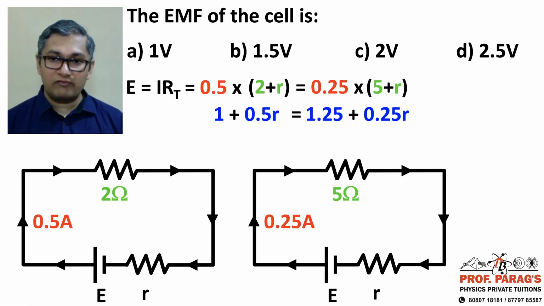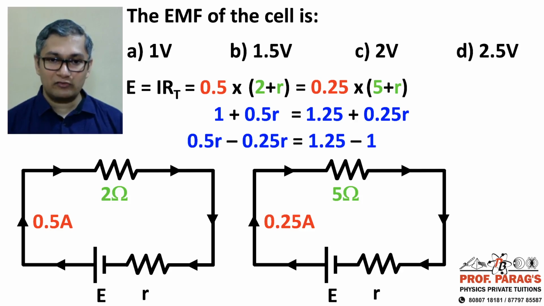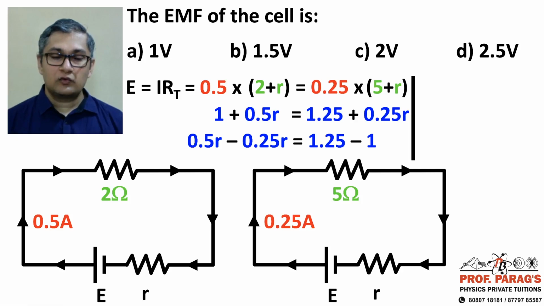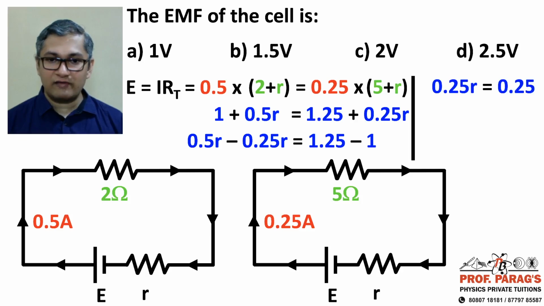Bring 0.25 r from the right side to the left, so it becomes minus 0.25 r, and take the 1 from the left to the right, so it becomes minus 1. So 0.5 r minus 0.25 r is 0.25 r, and 1.25 minus 1 is 0.25.